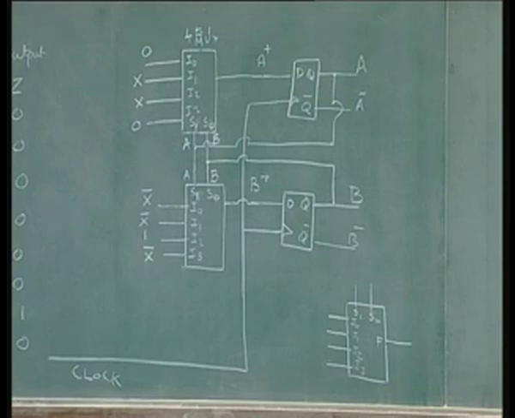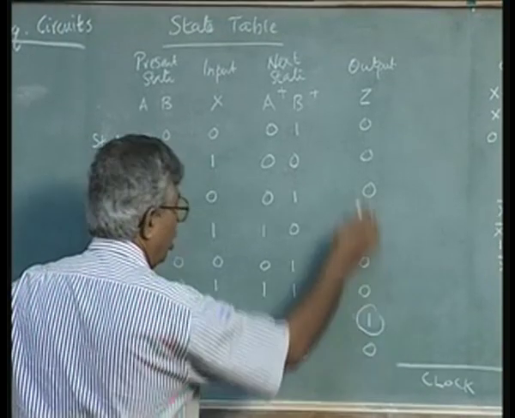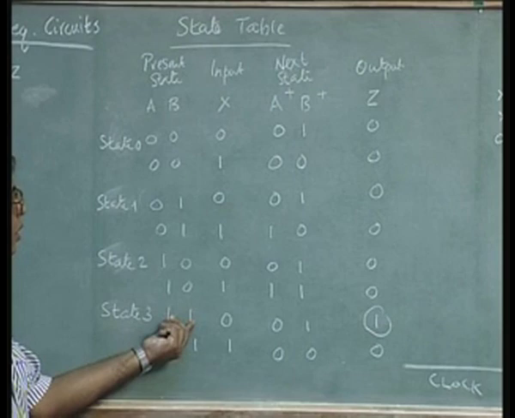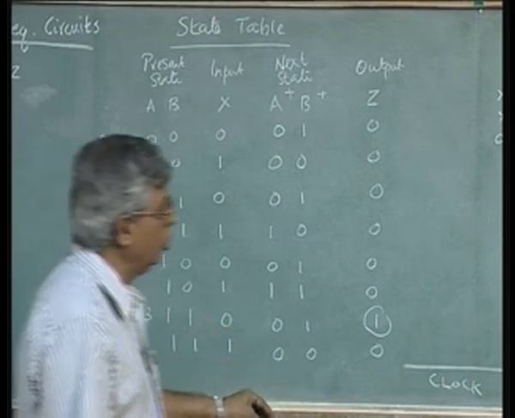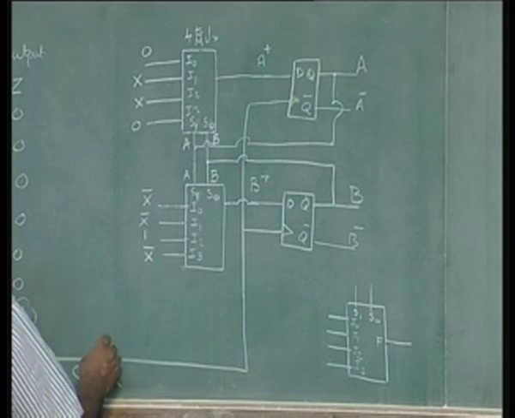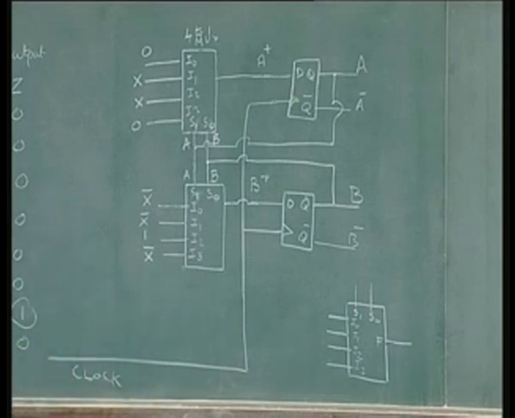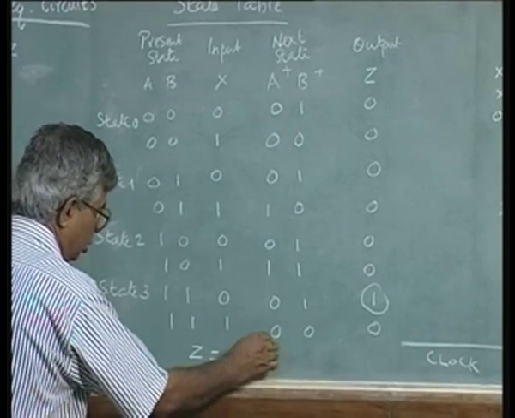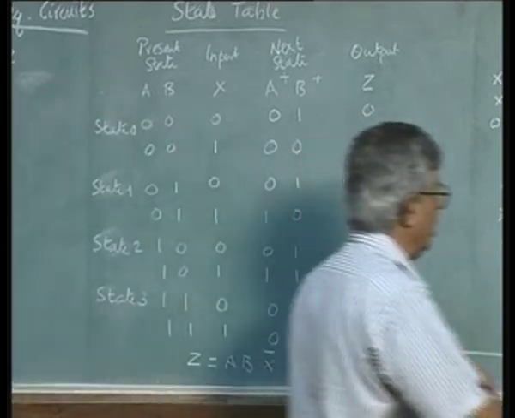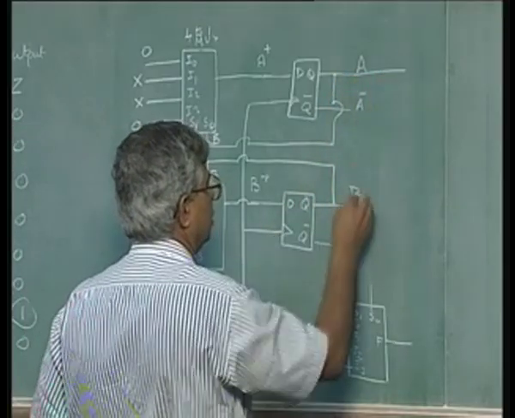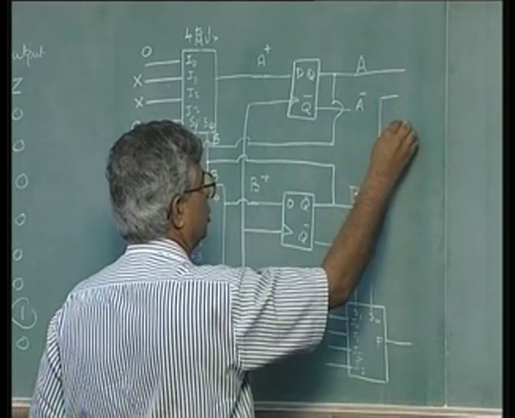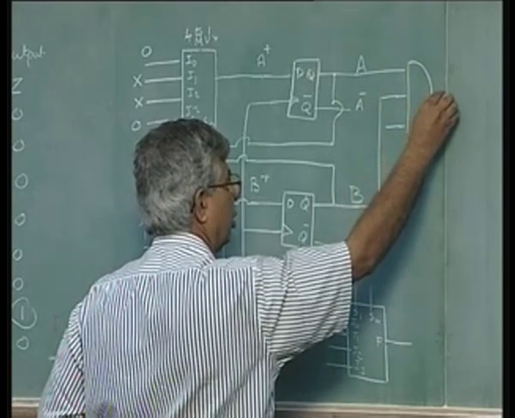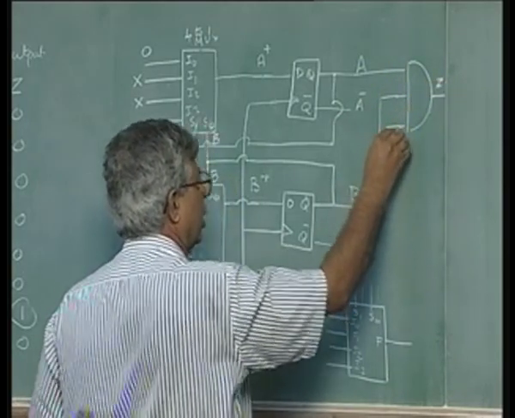the output side, there is only one output of 1 and all others are 0. That output comes when the input is 0 1 1 with an input 0. So, output Z can be written as A B x bar, correct. Since x bar is available here, you put A B, and this is my output C and x bar is here.